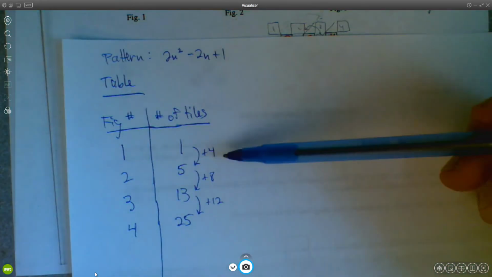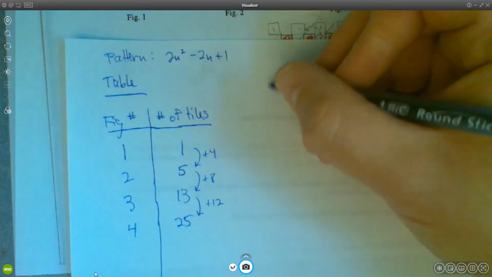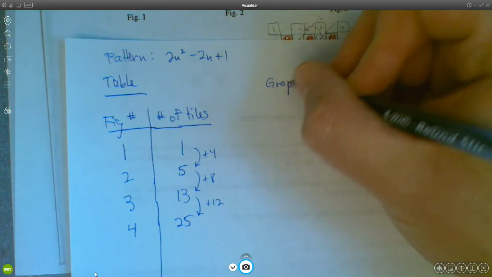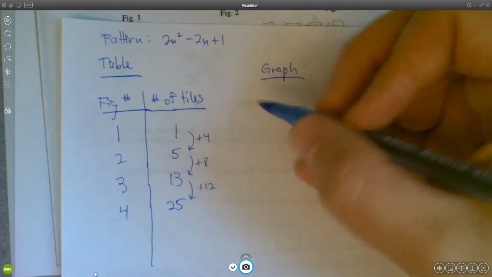So you can see that there's not a constant growth. The growth is changing, and the way that shows up in the graph is that you end up with something that's not a straight line. Okay, so we can kind of plot this.